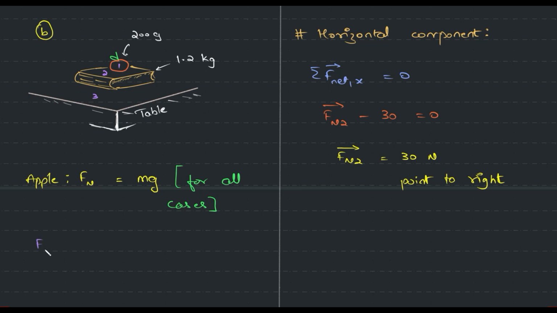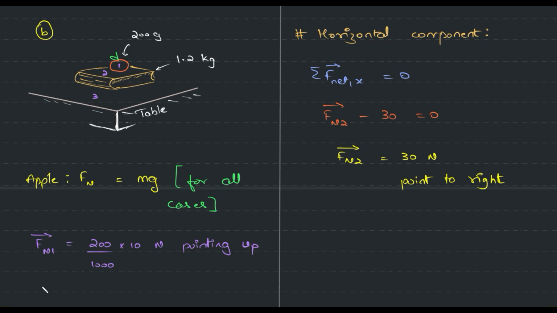Now, the normal force that object 1 will experience will be 200 by 1000 into 10 Newton pointing up. Similarly, the second object will experience 1.4 kg into 10 Newton pointing up.